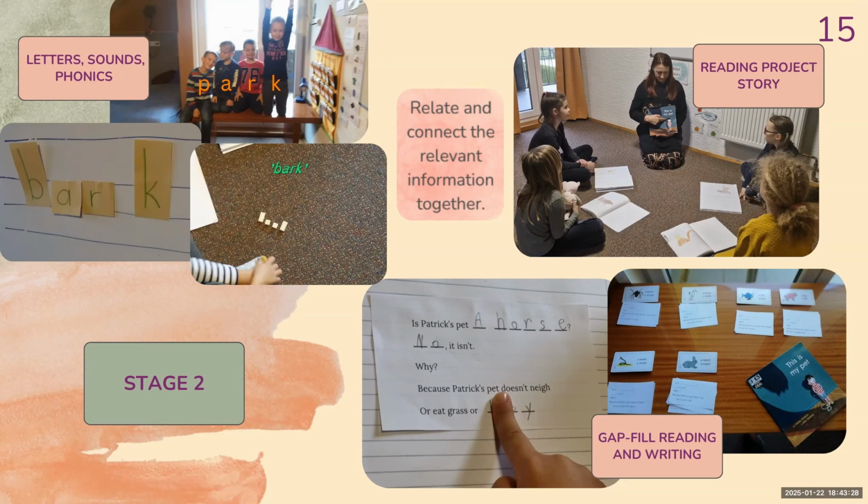The aim here is not to learn the spelling by heart, but they learn the strategy of how to imprint the spelling of the word, which we've done beforehand. How to do that? Well, they know the story by heart. And because they know the story by heart, they anticipate, they already know which word should come there, and then it is much easier for them to read it and then see how it is spelled.